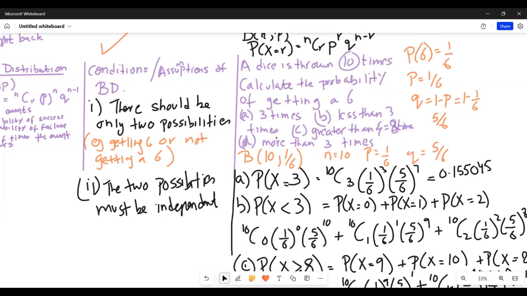By the way, instead of possibilities, outcome is a better word, because there are only 2 outcomes, 6 or no 6.